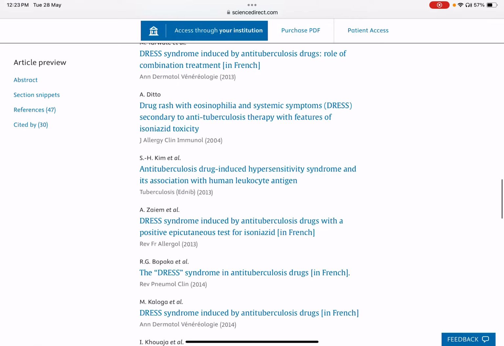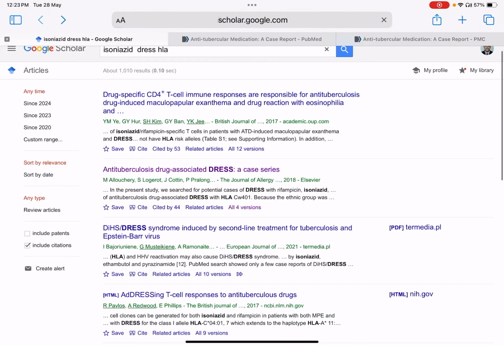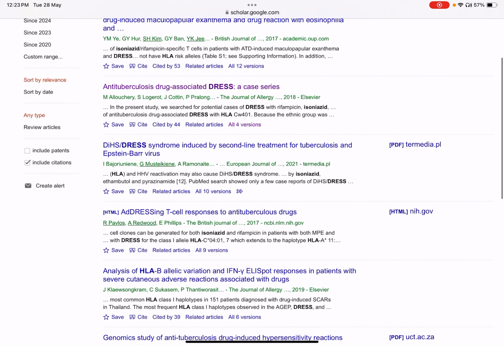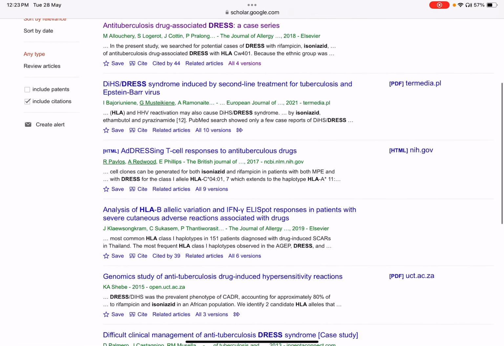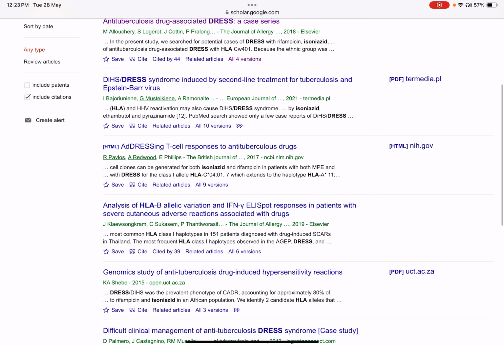So population. Oh, this is actually closed access. Okay, so we cannot read them. But you got an idea. So actually Cw4:01. So look for some similar studies. See, this particular study is saying that cell clones can be generated for both isoniazid and rifampin in patients with actually C4:01.